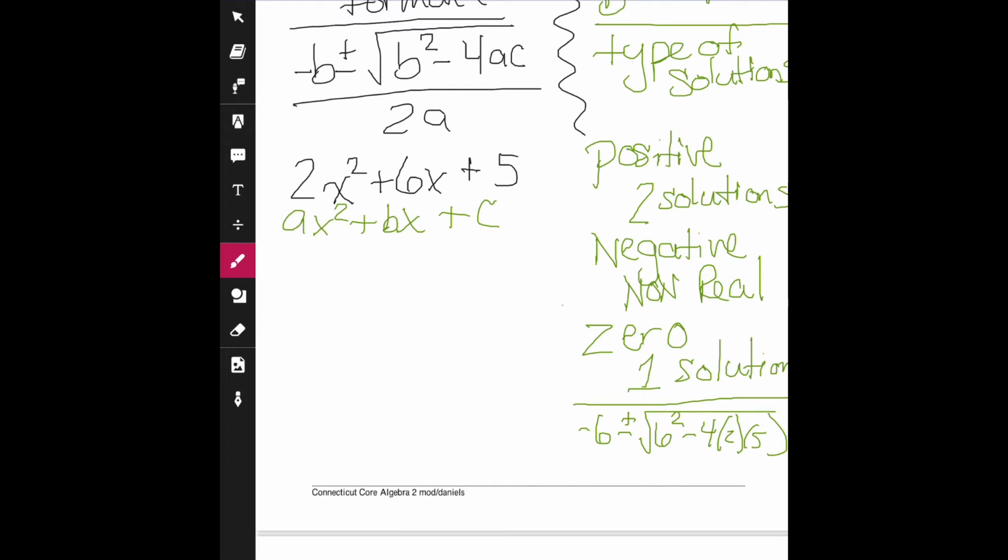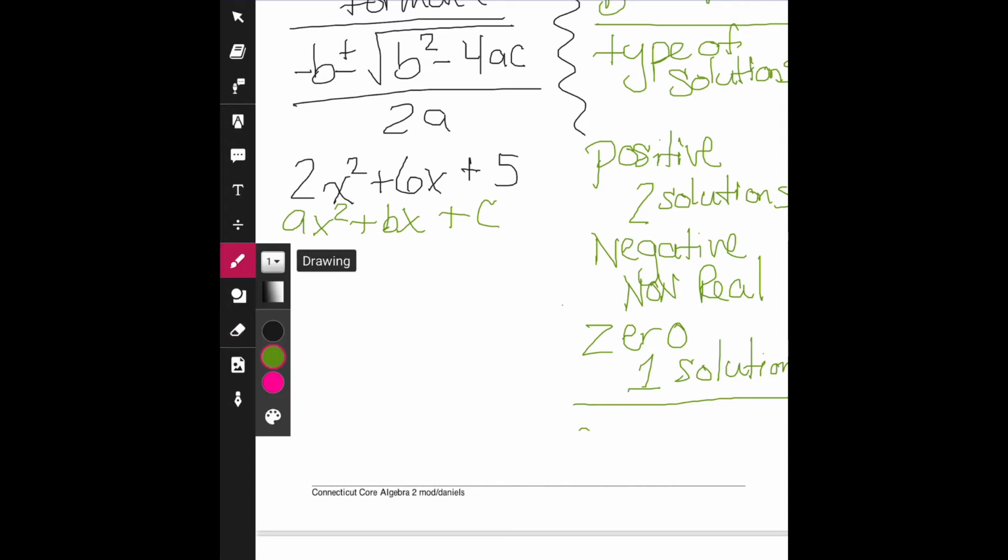Oh, that's not right. The discriminant is just the inside, sorry. So my discriminant is going to be 6 squared minus 4 times a times c. So then I have 36 minus 4 times 2 is 8. 8 times 5 is 40. So then my discriminant is going to be negative 4, which is negative.